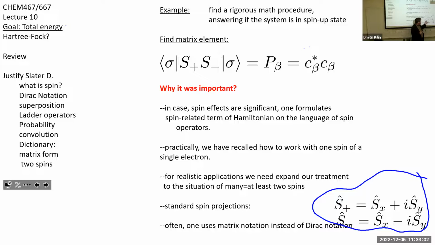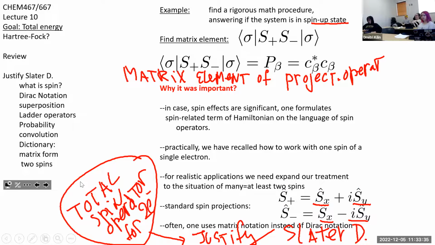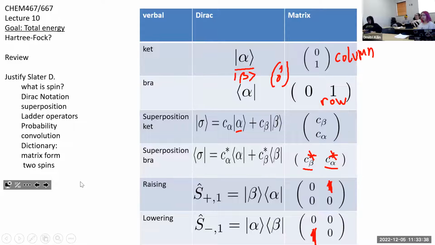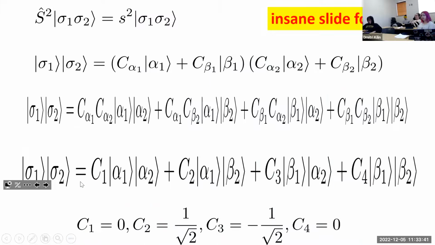So this blue ugly box is a connection between the abstract algebra of spin and real life of nuclear magnetic resonance and electron paramagnetic resonance. And we still have the dictionary which stays correct.